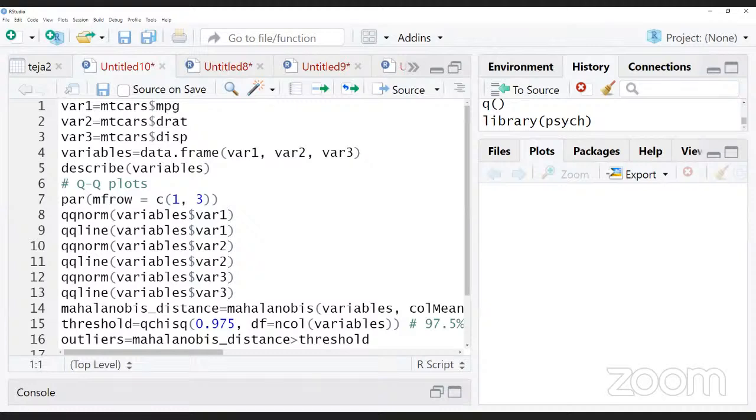So there are several variables, and these variables are associated with each other.